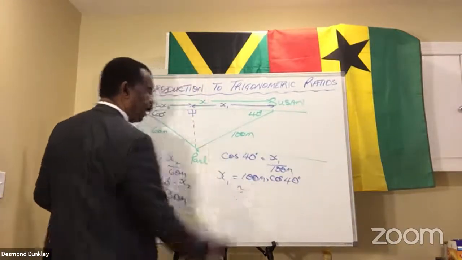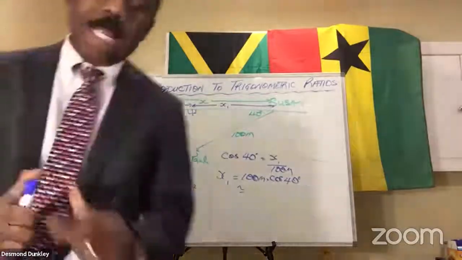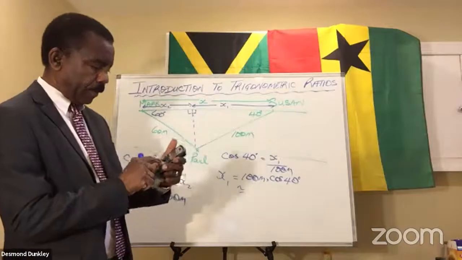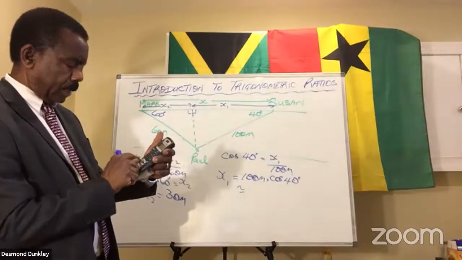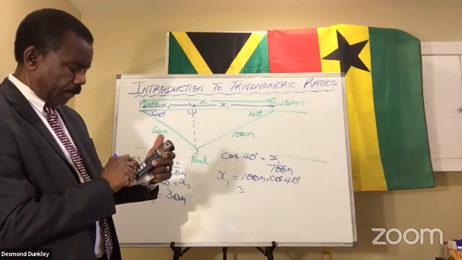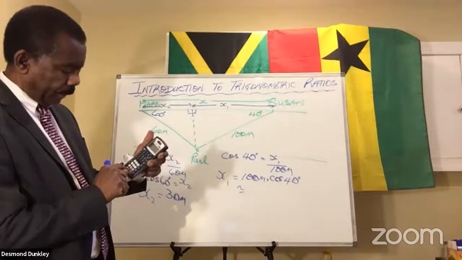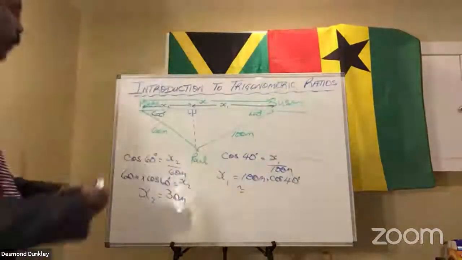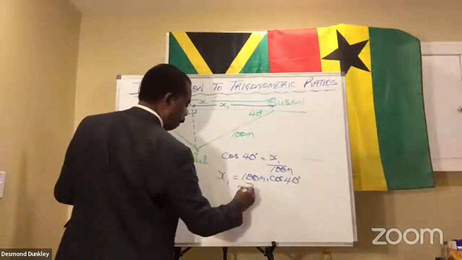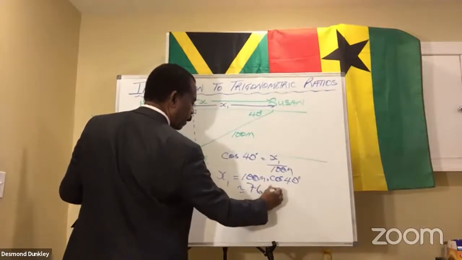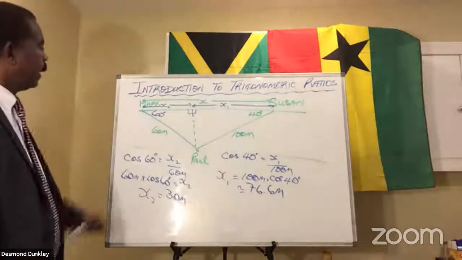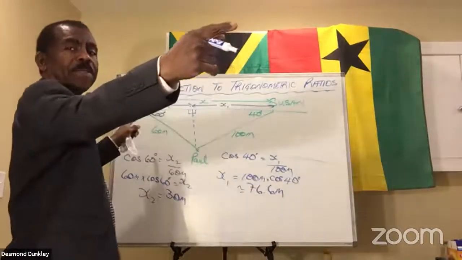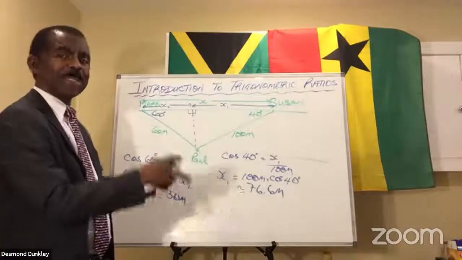And that's approximately equal to, I do not know the cosine of 40, so I go to my calculator. I clear. I do 100 times cosine 40 degrees. And that gives me approximately 76.6 meters. As you can see, if this part is x2 and this part is x1, then the entire thing has to be x1 plus x2.